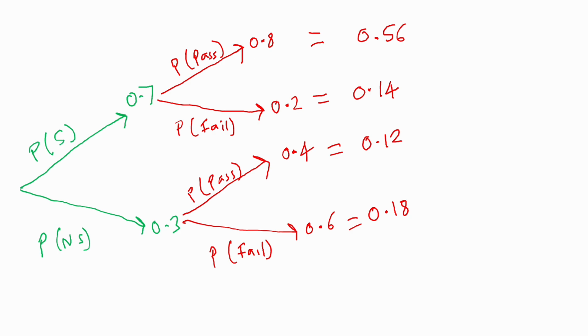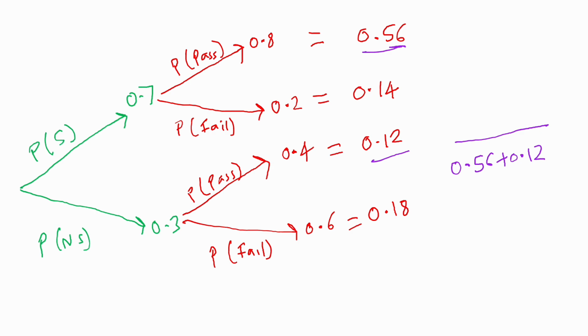First one is 0.56 because you have studied and passed, and second one is not studied and passed, which is 0.12. So 0.56 plus 0.12 becomes your denominator of the equation.